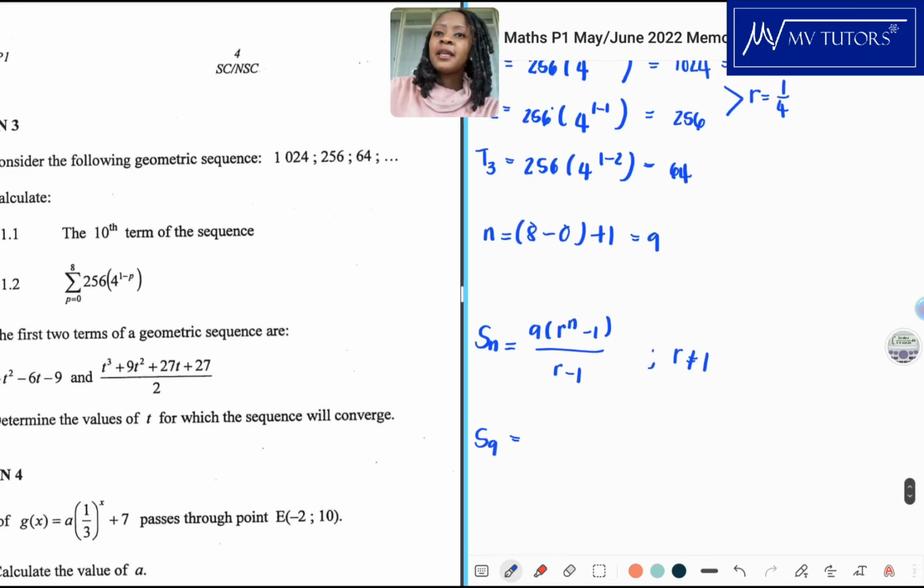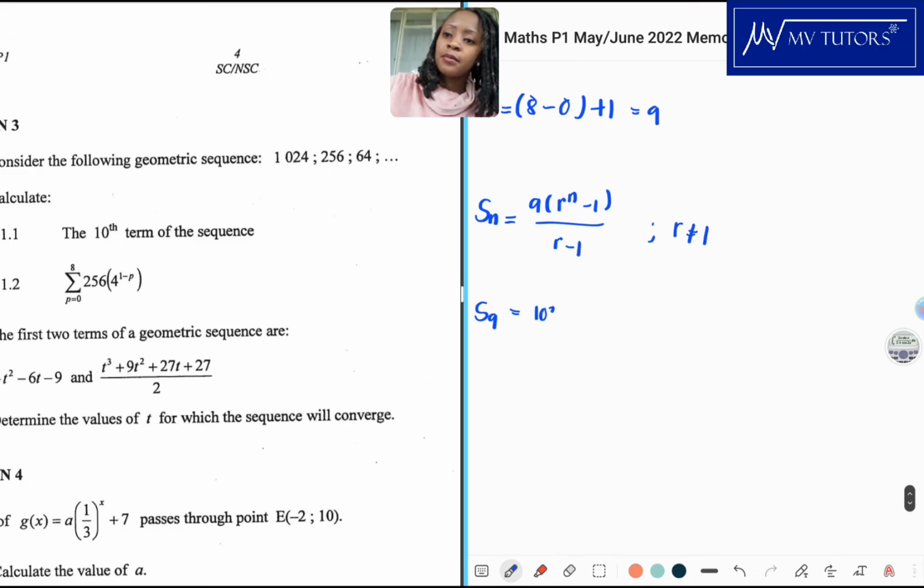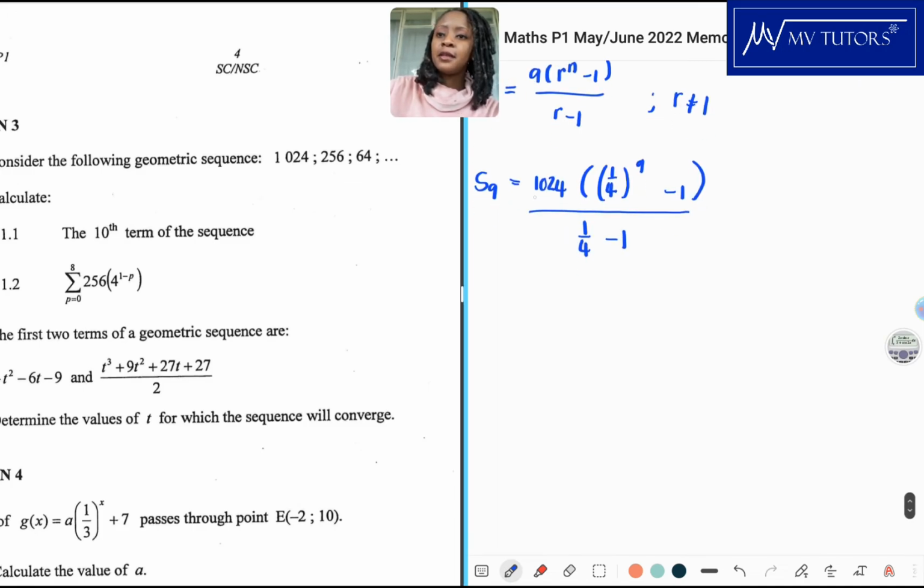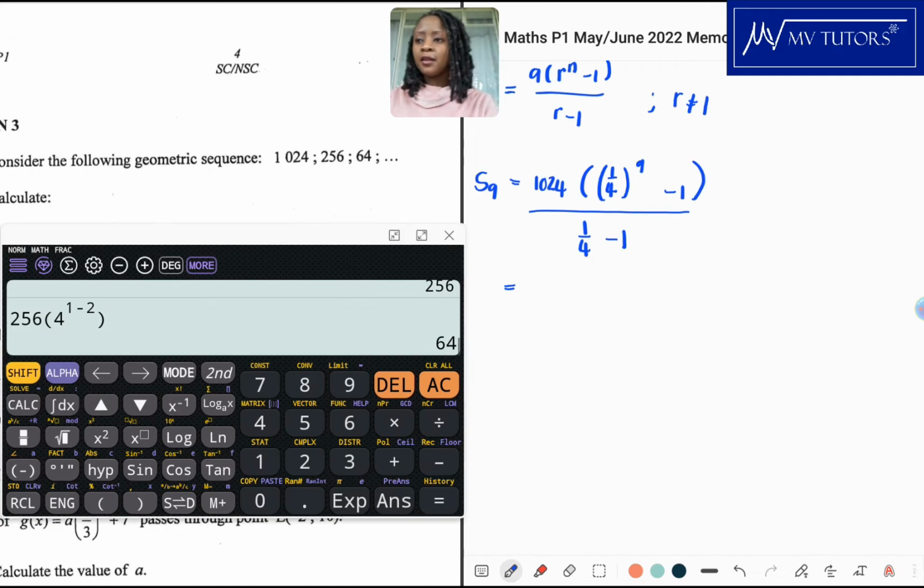Our a is 1024. Our r is a quarter. We have 9 terms, and this is minus 1, and that will be all over a quarter minus 1. Obviously, we will plug that into the calculator: 1024, and then we have a quarter to the power 9.